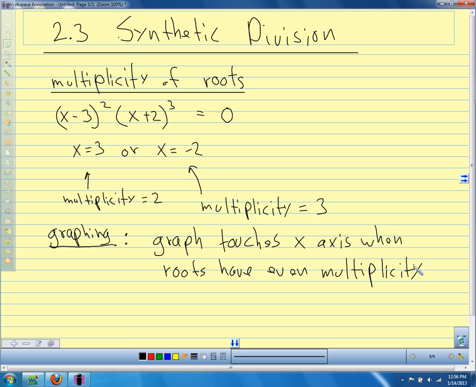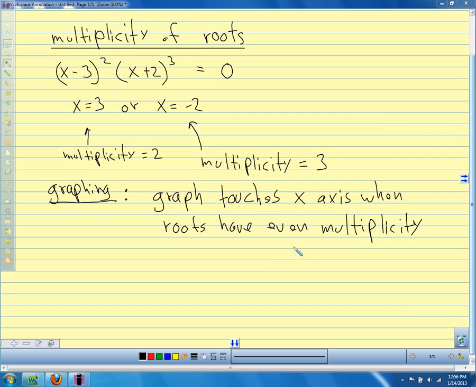If we have a root with even multiplicity, our graph is just going to come and touch the x-axis and go back the other direction.